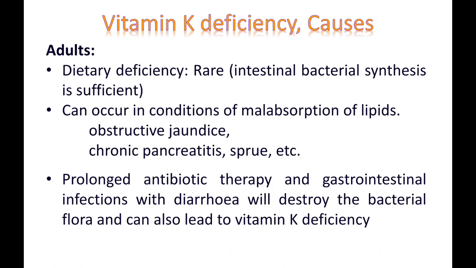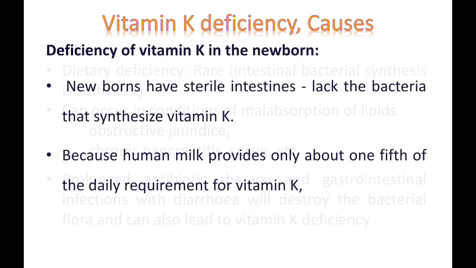Whenever we take more antibiotics, they kill the bacteria present in the gastrointestinal tract, and gastrointestinal infections with diarrhea destroy the normal bacterial flora present in our gut, which ultimately leads to vitamin K deficiency.